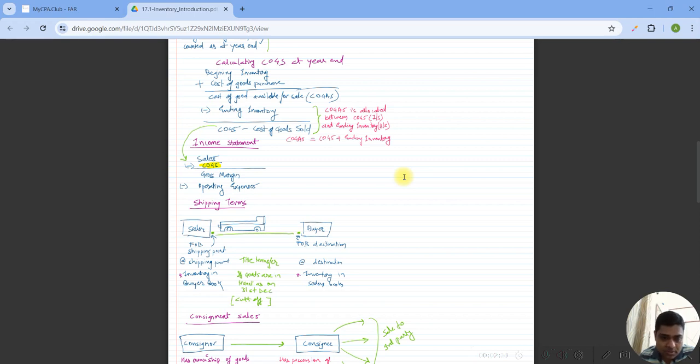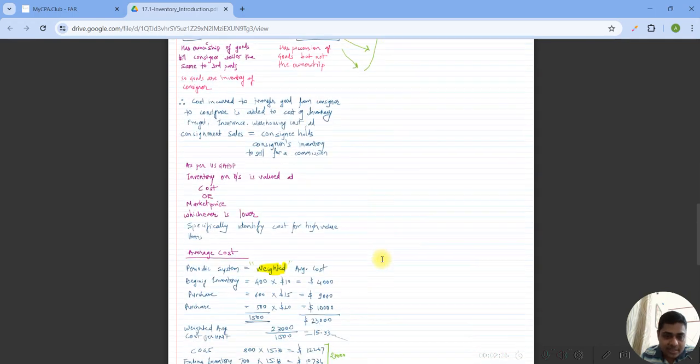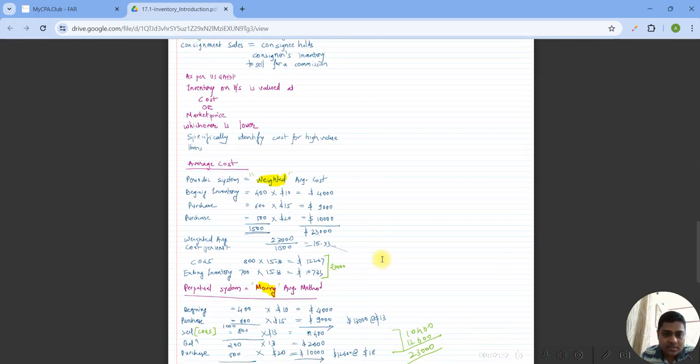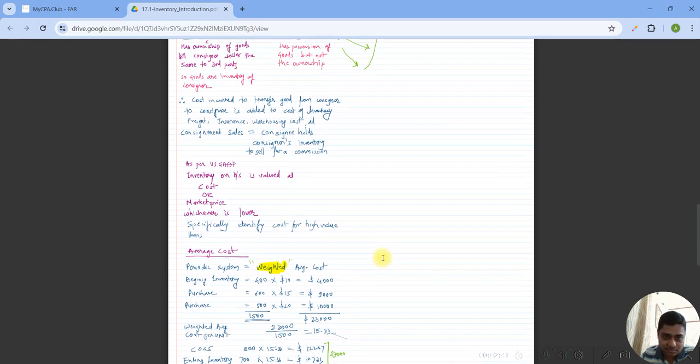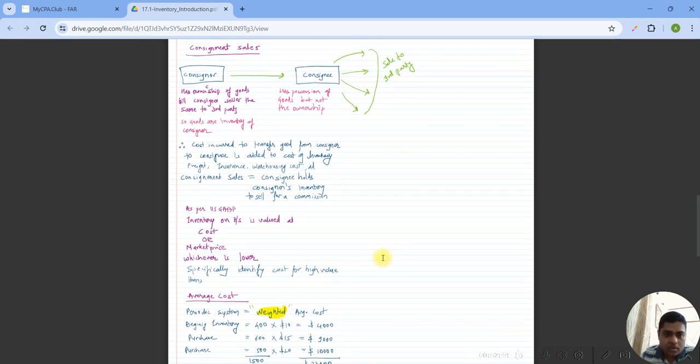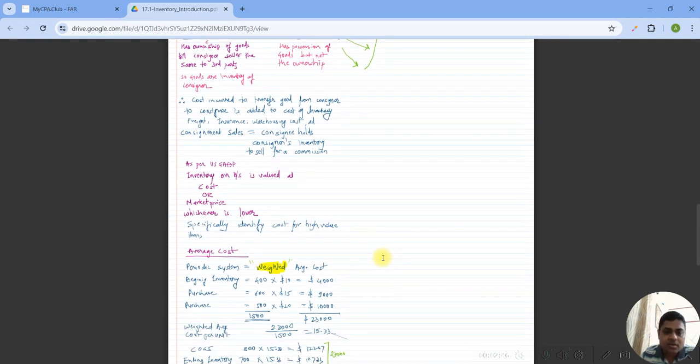Then there are certain concepts of shipping terms, and the concept of consignment sale. Then there are various inventory costing techniques.